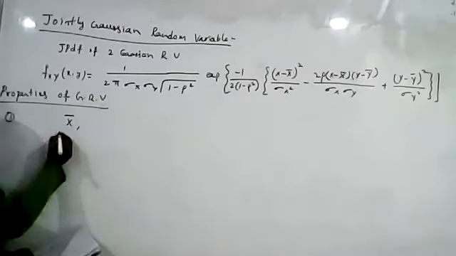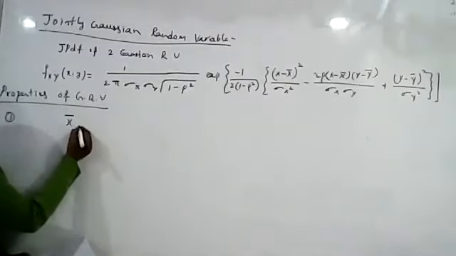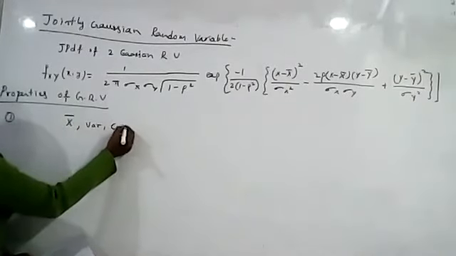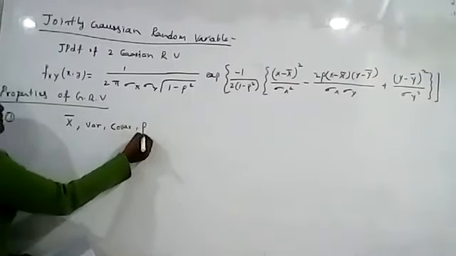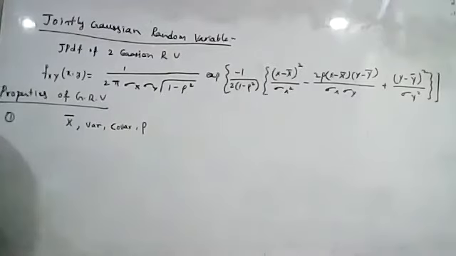What are the things you require to obtain a Gaussian random variable? We require mean, variance and covariance, and correlation coefficient rho. If you know covariance, you can find out the correlation coefficient.